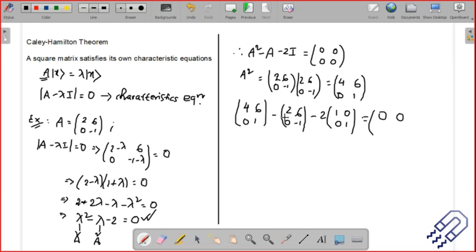Then 0 minus 0 is 0. Minus 1 plus 1, 1 plus 1 is 2, and minus 2 into 1 is minus 2, minus 2 minus 2 is 0. So it satisfies. So maybe I'll give you a question: what is Cayley Hamilton theorem, okay?